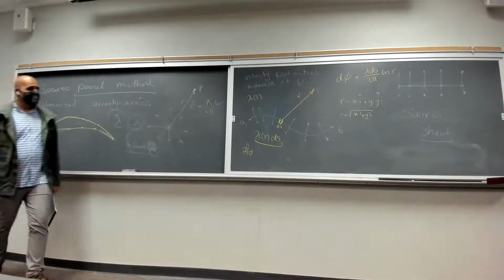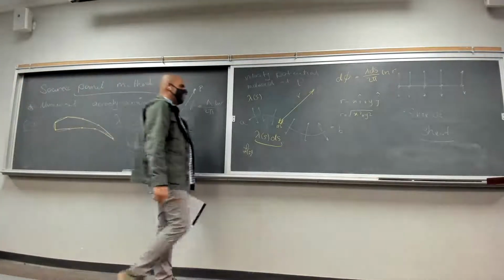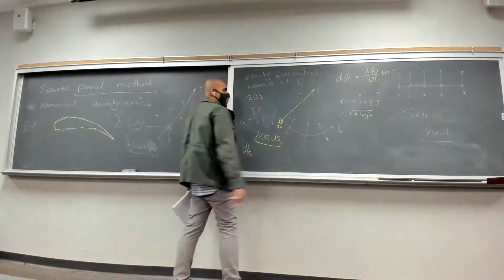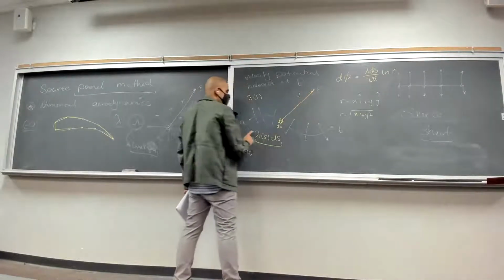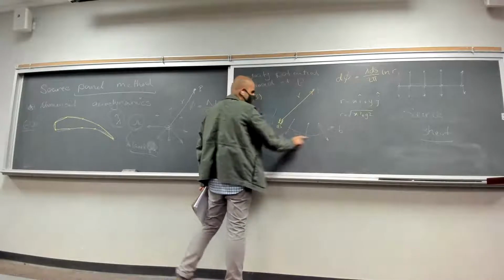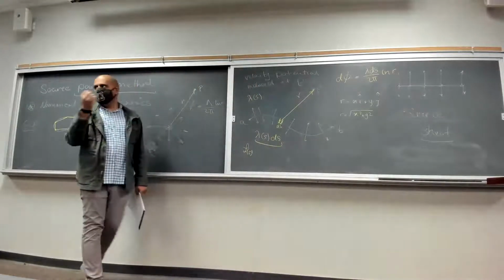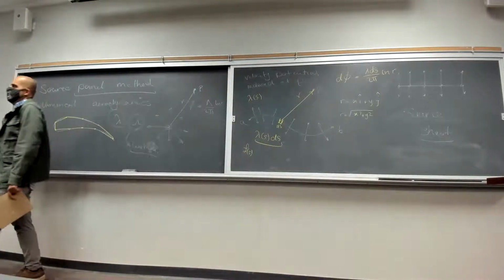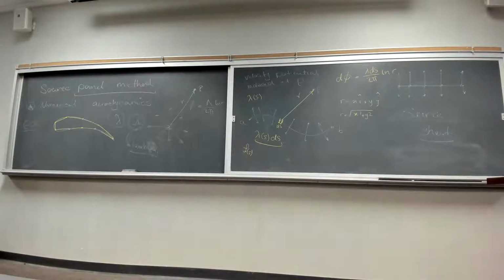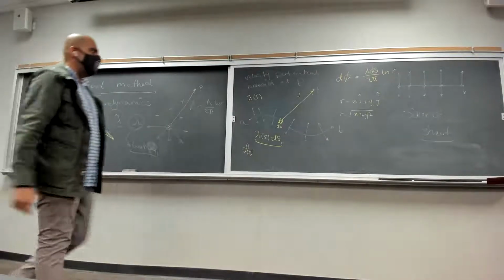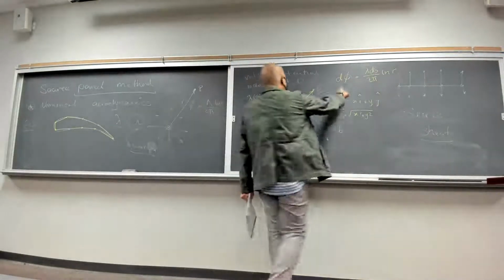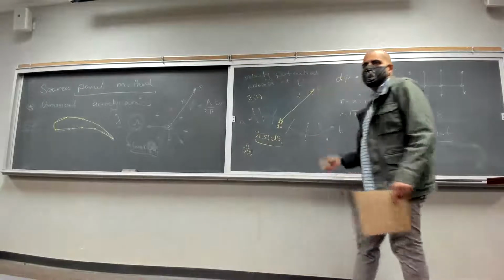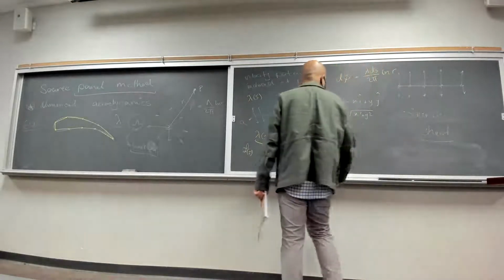Okay. So what would be the velocity potential at this point P induced by all of these source sheets? What should we do to find that? Exactly. We just take the integral of d of phi from A to B. That's it.